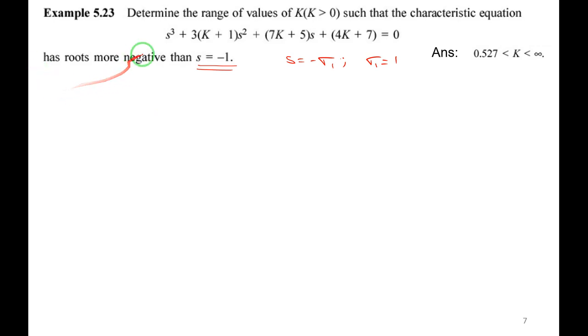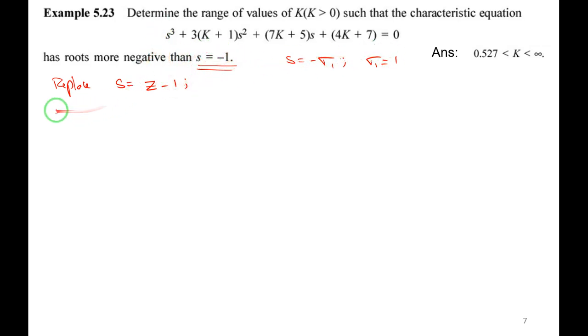So see here, it has roots more negative than s equal to -1, which means they are asking for relative stability only. So replace s with z minus sigma 1. What is sigma 1? It is 1, right? More negative, right? Z minus 1.